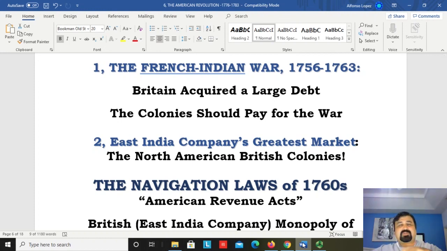In the second session, we're going to examine particularly the navigation laws of the 1760s, and we're also going to examine the ideas of the revolution, how the colonial merchants are going to read the philosophies, the political ideas of European thinkers that are going to convince them that the best course of action, to solve their problems with the mother country, the taxes and the trade regulation, was to simply declare independence, because by doing so, they were to create the ideal state, the ideal political community that will provide certain rights to the citizens and representation.